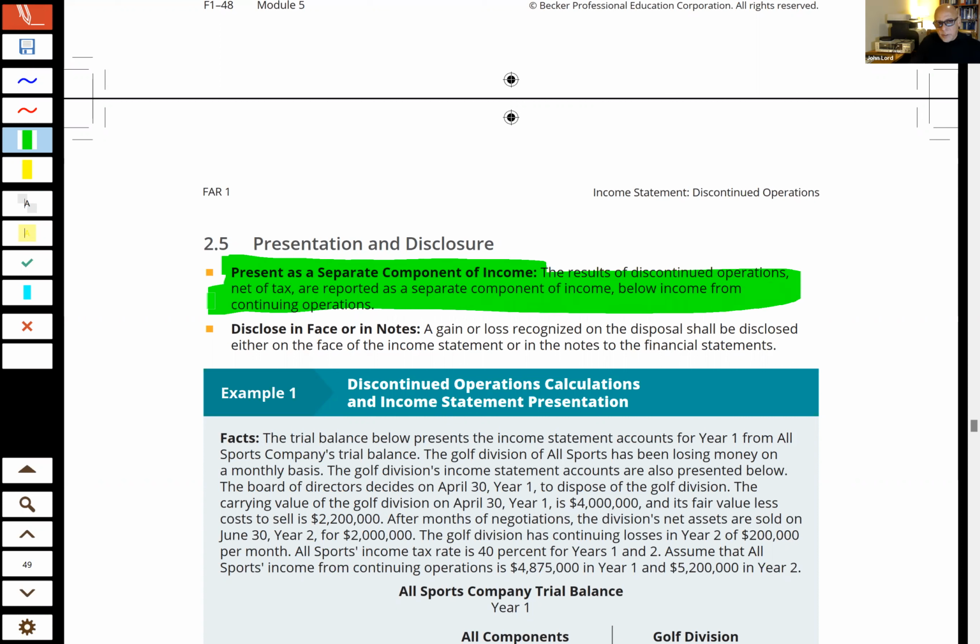Okay, now remember that I've said that you can report that as one amount. Just report it as one amount, even though you may have what? The loss from the operation, the impairment, and the disposal gain or loss components of that.